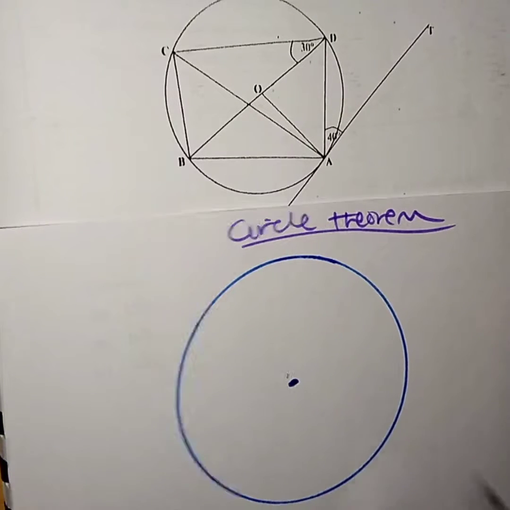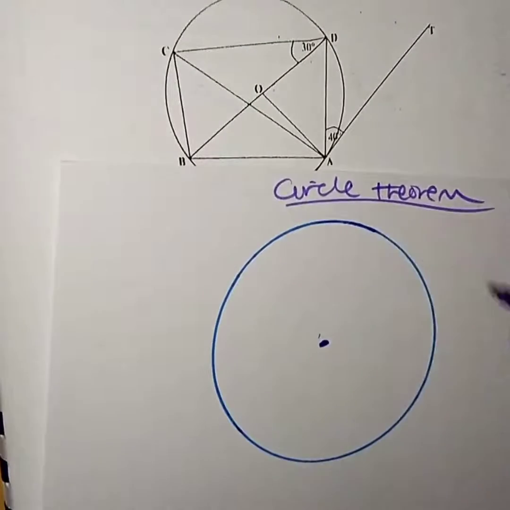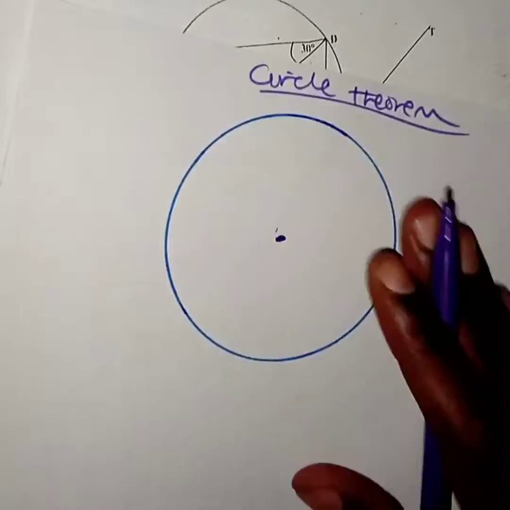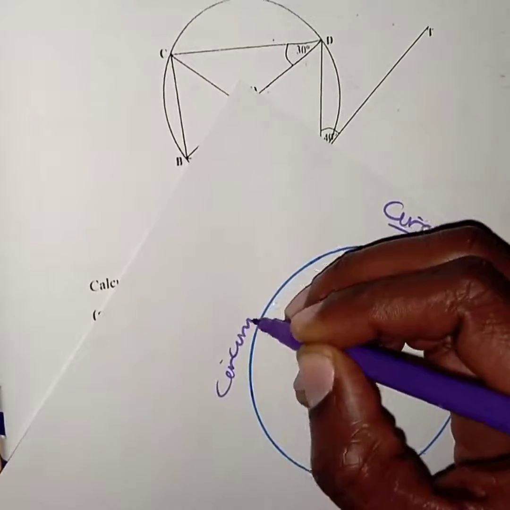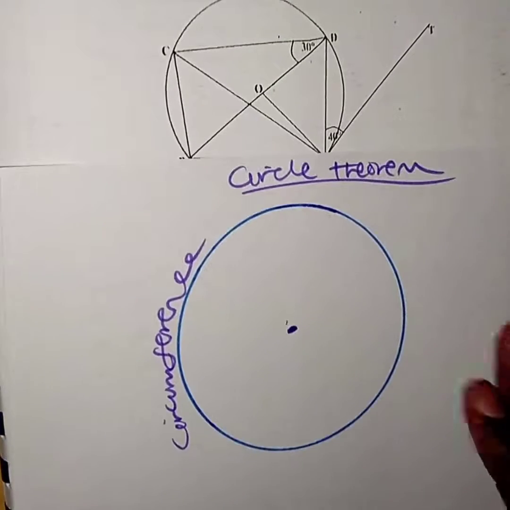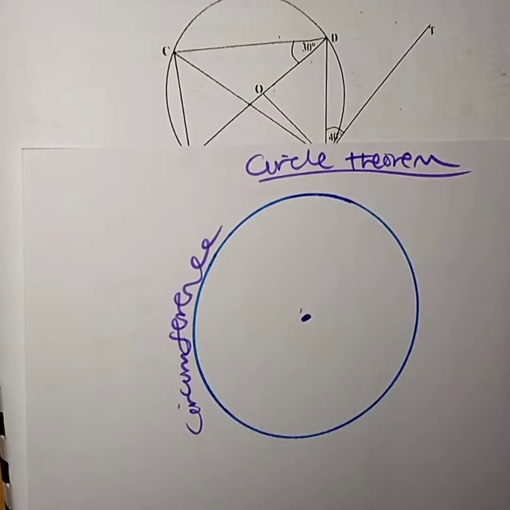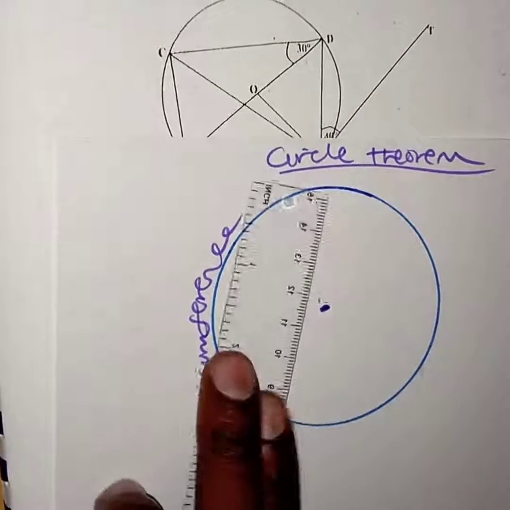The distance around the circle, we call it the circumference. You can also say the perimeter of a circle, meaning the distance around the circle. Then we have the center.